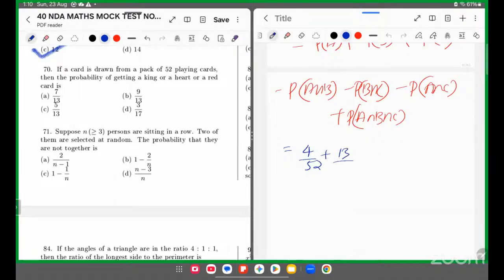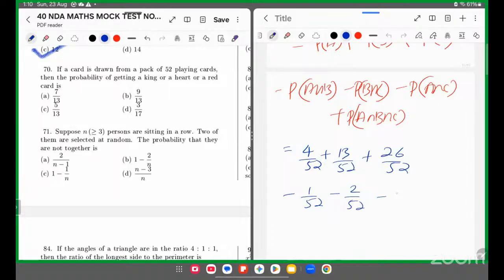Heart, 13 out of 52. Red, 26 out of 52. Minus king and heart. King and heart means 1 by 52. King and red, 2 by 52. Heart and red.